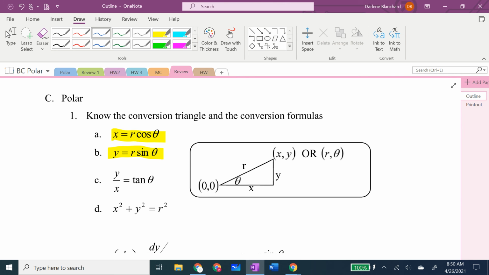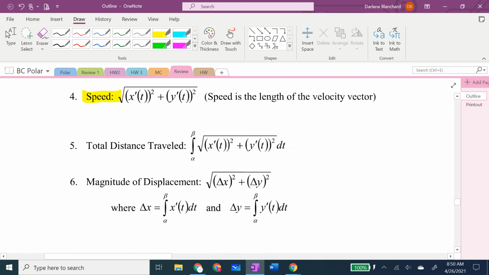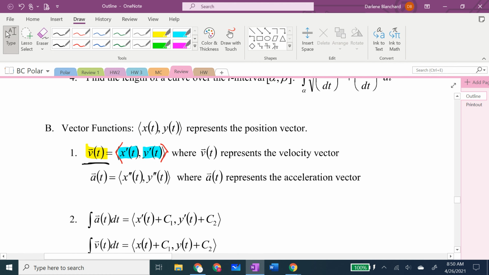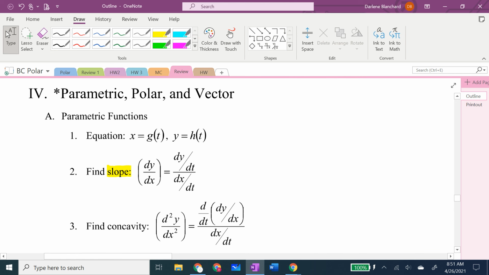You will be given some r with respect to theta. You'll substitute those r's with whatever that function is with respect to theta, and then you're going to find the derivative of y with respect to theta and the derivative of x with respect to theta, just as if it were a parametric slope.